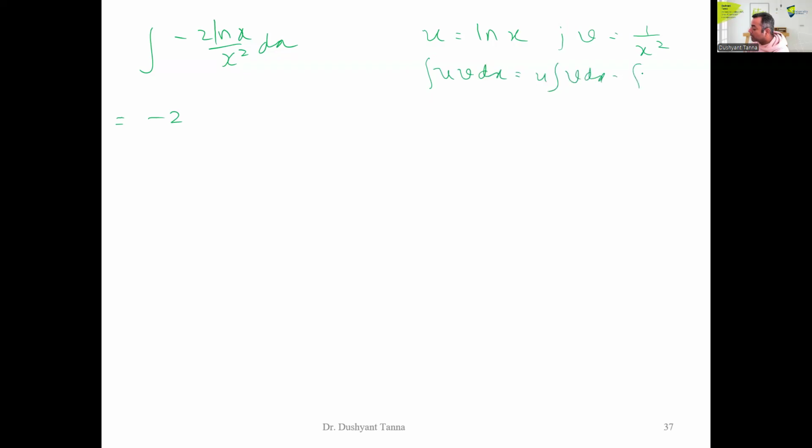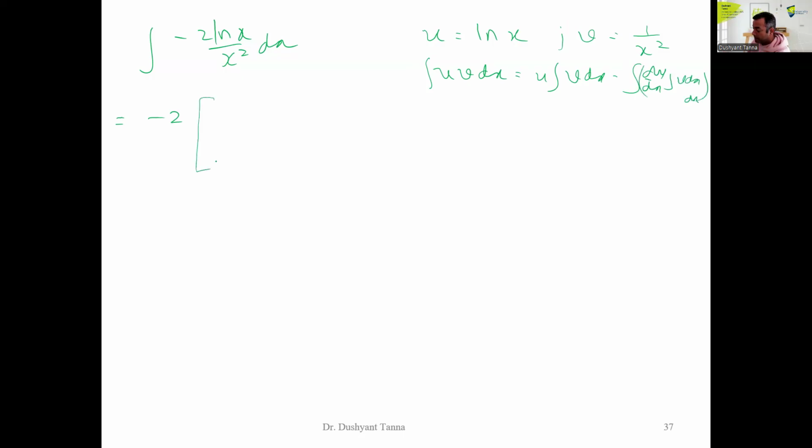Right. So integration of minus 2 ln x over x squared dx. Based on the LIATE order, I have figured out that u is ln x and v is 1 on x squared. Don't worry about that negative, it can wait outside. So negative 2. The formula says integration of u v dx is u times integration of v dx minus du by dx times integration of v dx and whole dx.